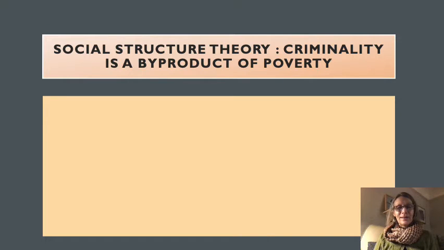Let's take a look at the social structure theories that focus on poverty. Your textbook does a good job of describing poverty in the United States. More than 47 million Americans live in poverty. Poverty is defined as a family of four that has an earning of $28,000 per year or less.